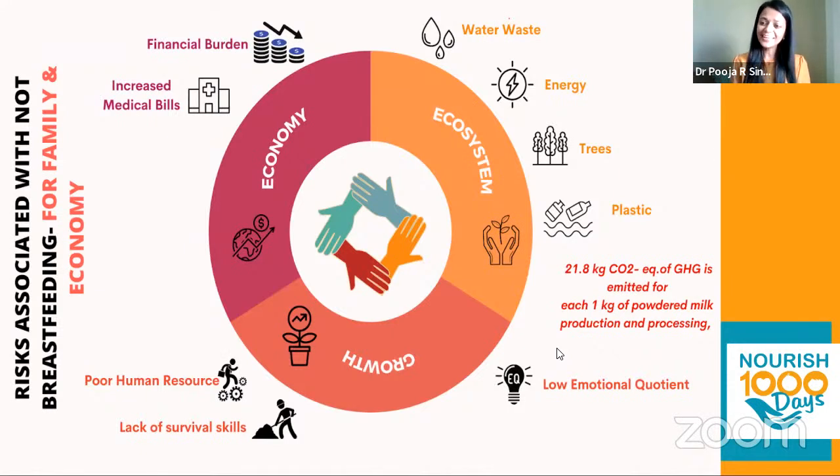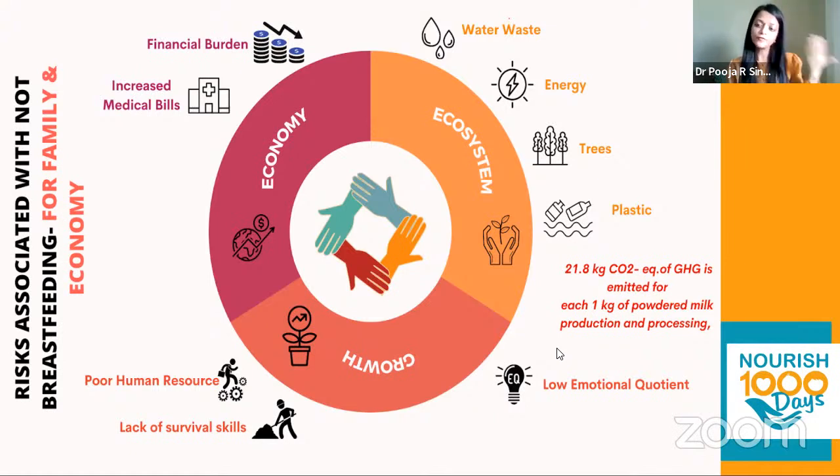And breastfeeding, like I said, is a huge contribution to the nation's economy, growth, and ecosystem. For the ecosystem, if we do not breastfeed and we use the alternatives, then there is a lot of wastage of water, energy, trees, and plastic.